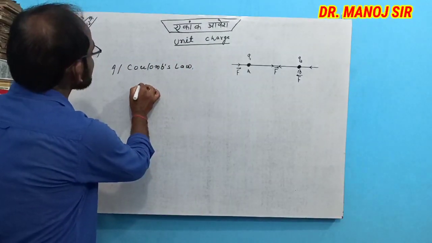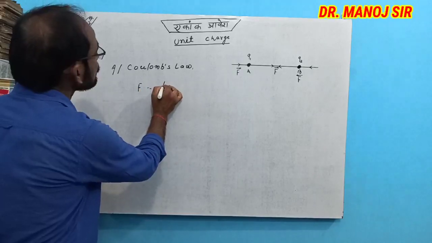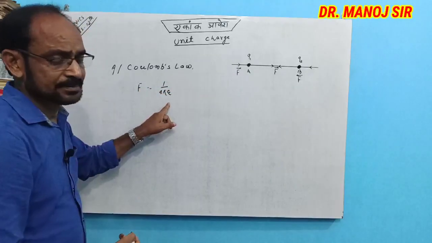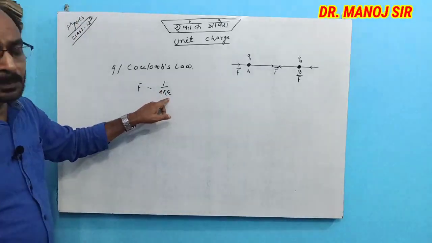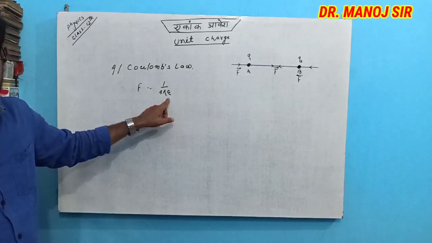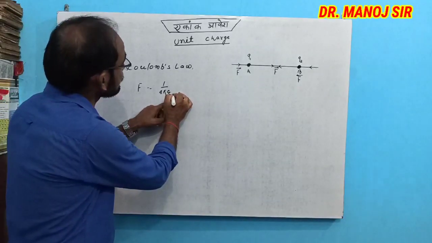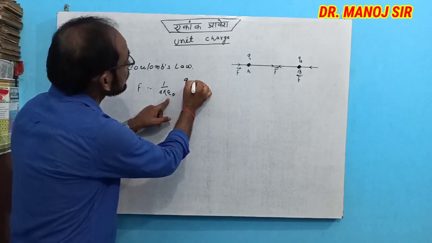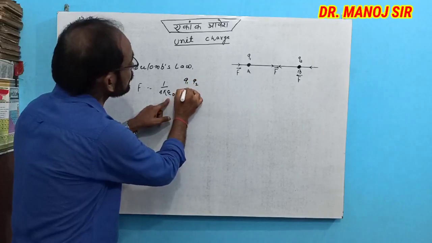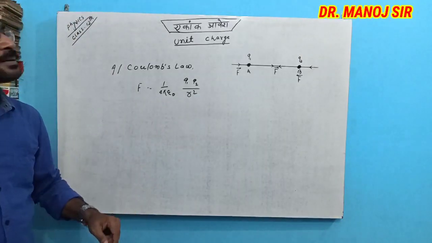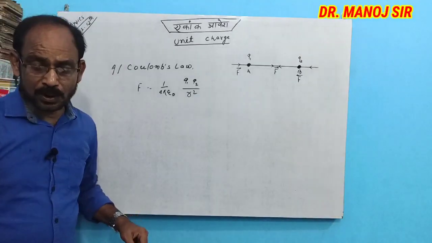We know that F equal to 1 by 4 pi epsilon naught Q1 into Q2 upon R square. This is the Coulomb's law.